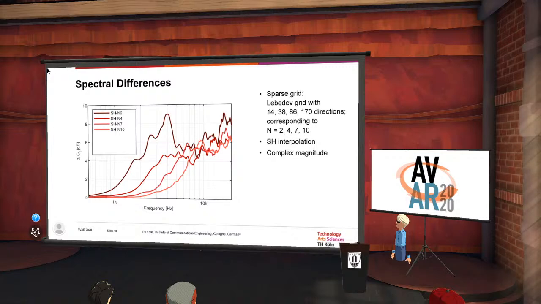And you see that there is a steep increase for the SH-based interpolation, which we can see here at some frequency which depends on the order, and that is exactly what we expect. It's the spatial aliasing frequency, where it starts or where it gets large, and it's this effect of spatial aliasing that we can see here.